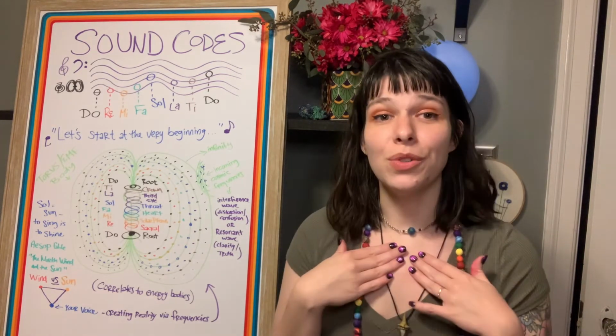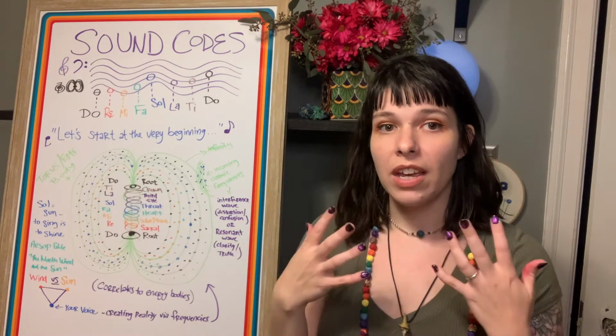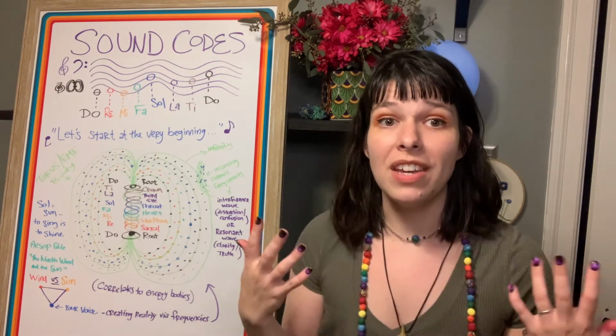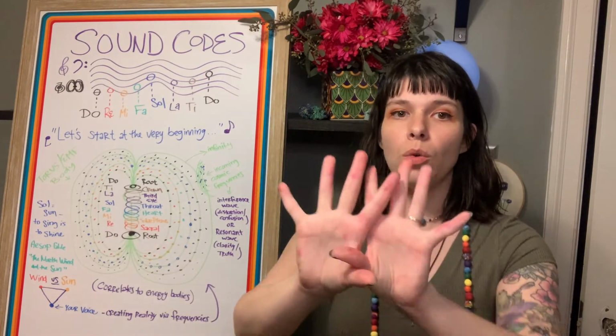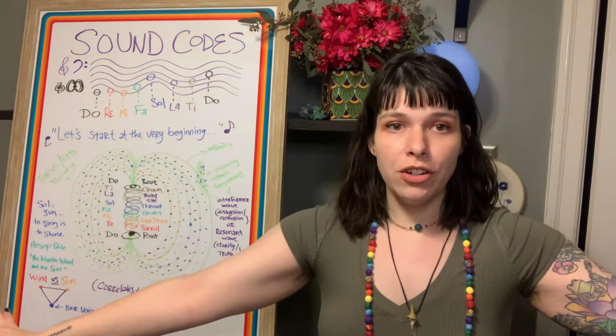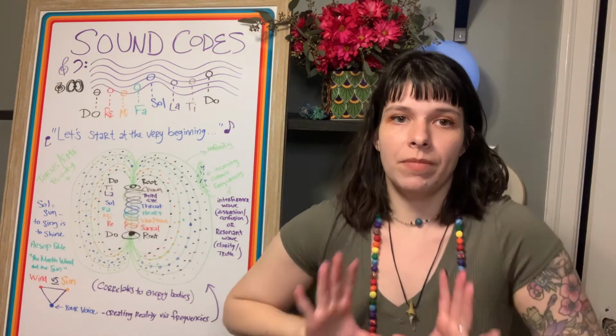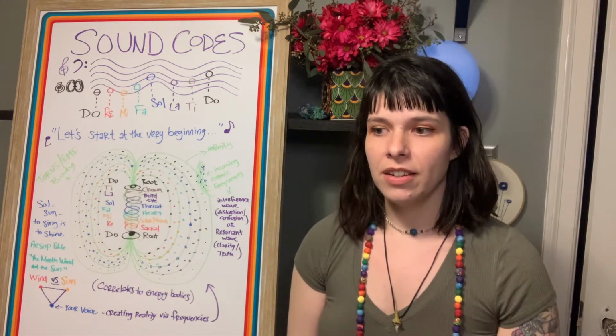And to sing is to shine. When you sing, when you tone, when you speak, to speak is to shine, right? That is you shining. That is you putting out your energy into the world. It's literally you putting your energy out and shining.